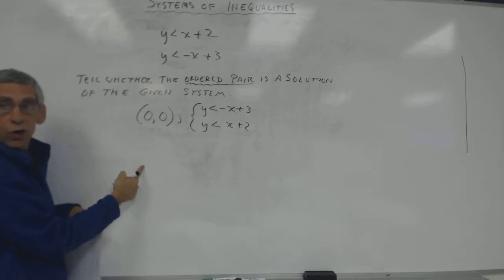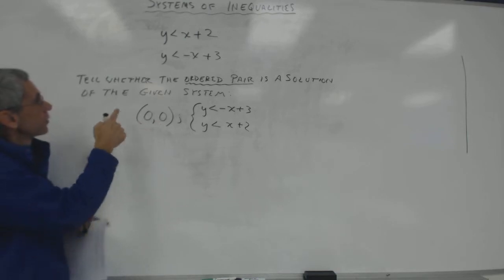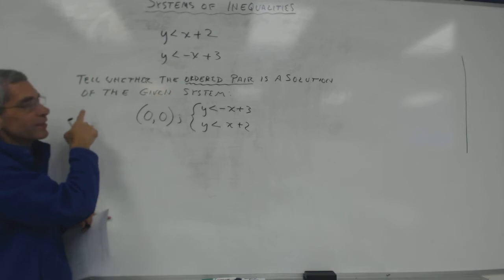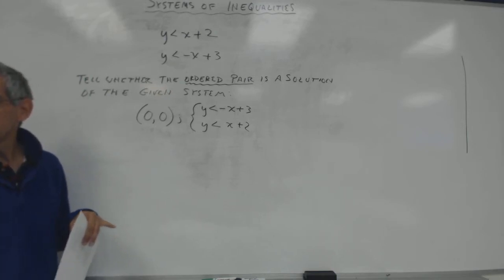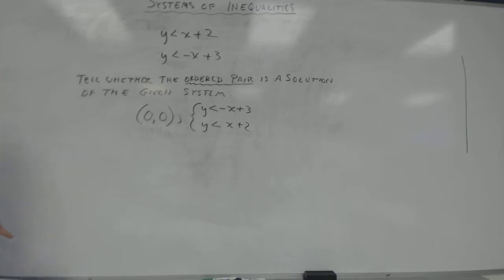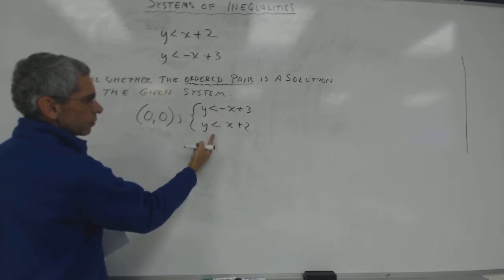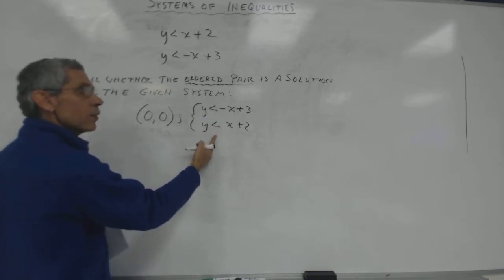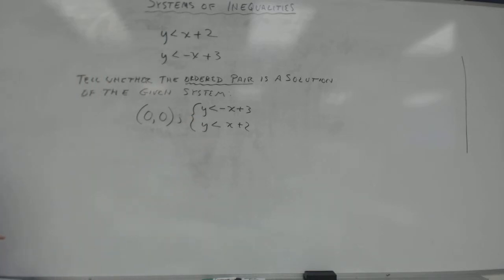So it tells you to go nowhere to the right or left, and nowhere up or down. Your x is 0 and your y is 0. So it says, tell whether the ordered pair is a solution to the system. How would you do that? What would you do? These two inequalities have y's and x's. But did they give me y's and x's?